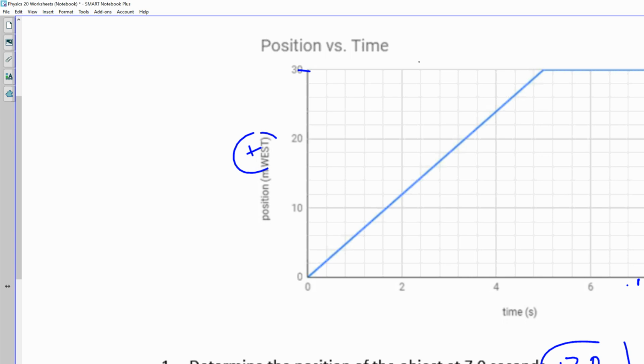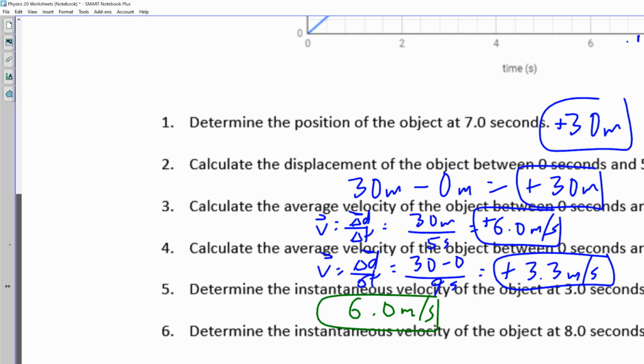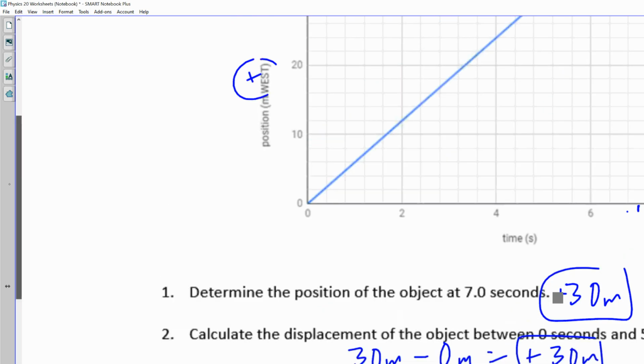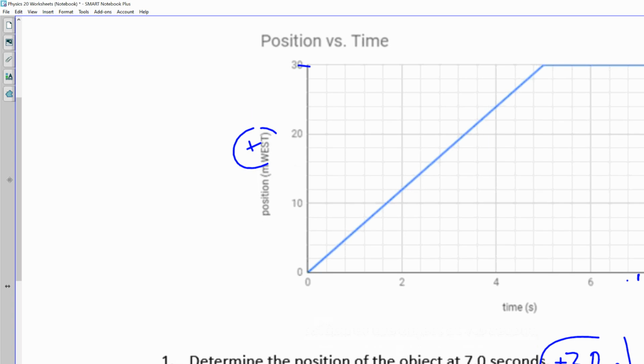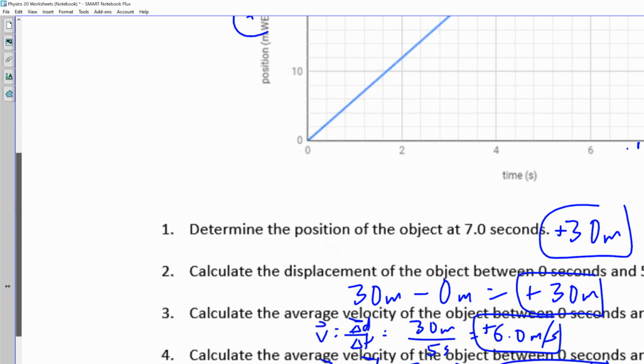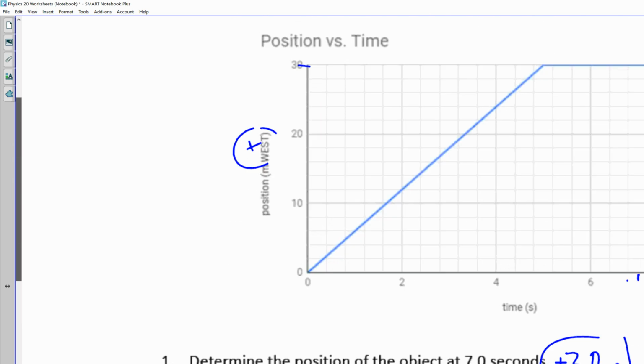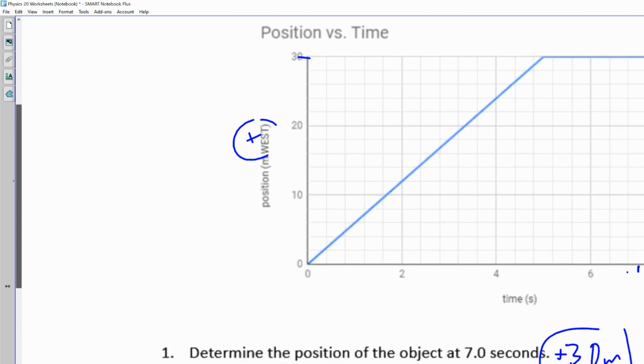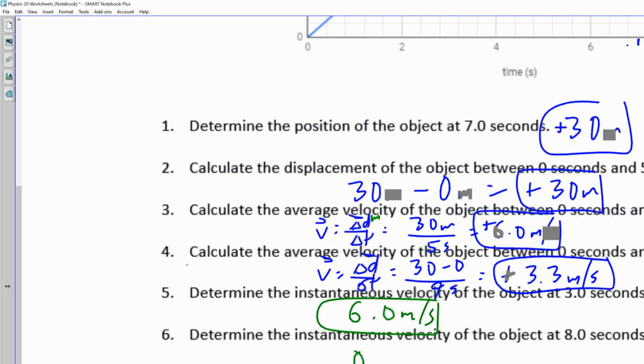It stopped. So what's the instantaneous velocity at 8 seconds? What is it? 0. I don't need to show work for that one either. If it's a flat horizontal line, it's stopped. And I'm going to say the velocity is 0 meters per second.